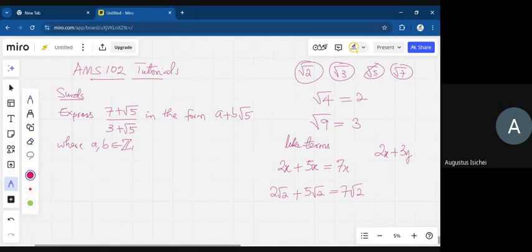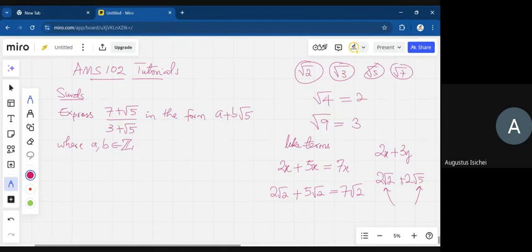The same way for short terms, if you have two short terms such as 2 root 2 plus 3 root 5, these two are unlike terms. Even if the coefficients are the same, even if it is 2 root 2 plus 2 root 5, they are still considered unlike terms because the values under the square root sign are different.